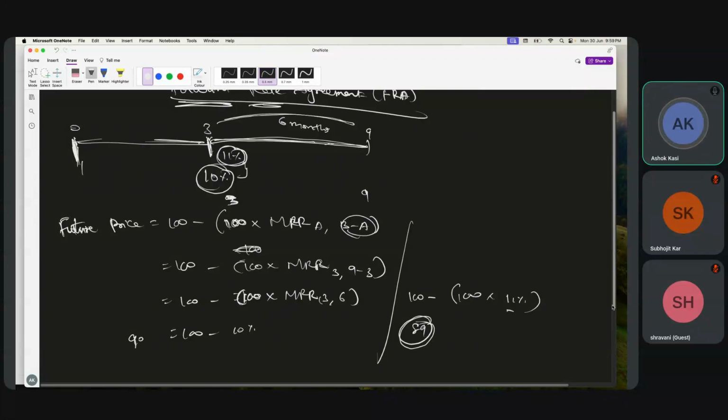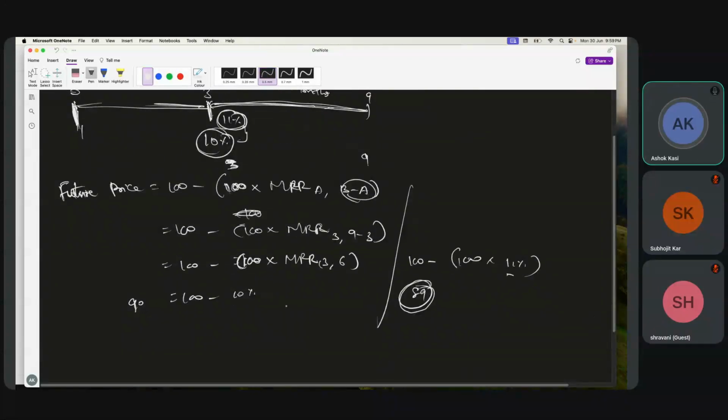So this exchange traded product, future price, is for those people who think that the interest rate will come down, let's say. So if the interest rate is coming down, 100 minus 100 into 9 percentage.